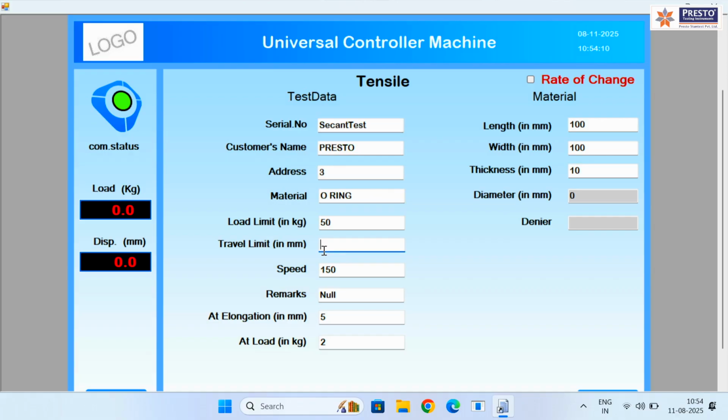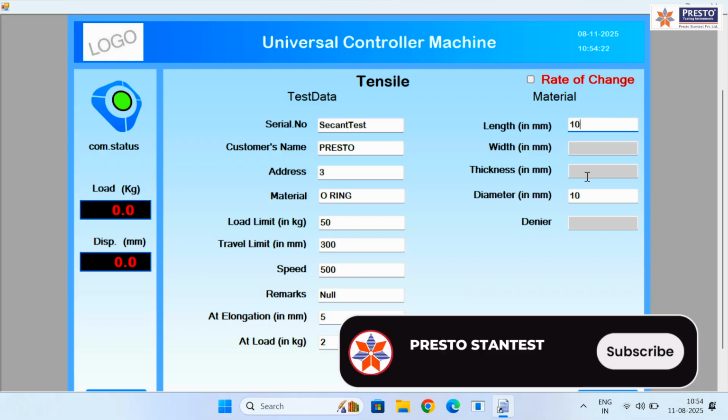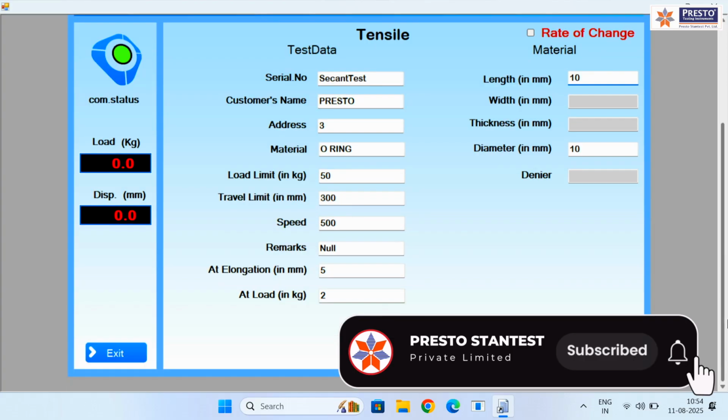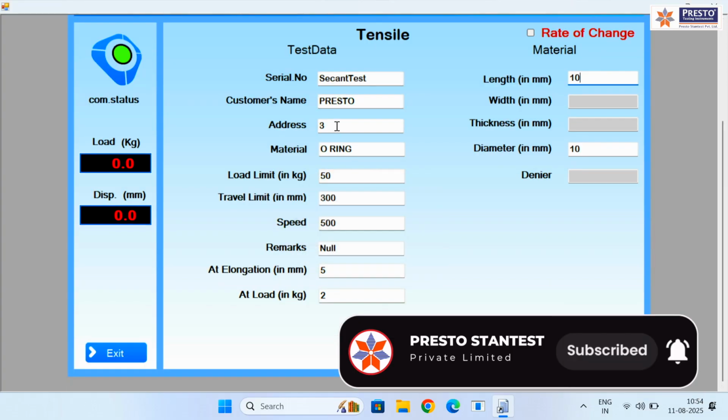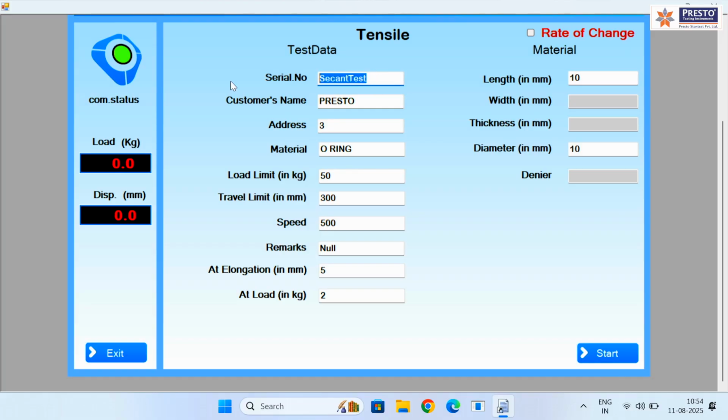Load limit we have set, then travel limit 300 mm per minute and speed 500 mm per minute. Now we will be performing the test.